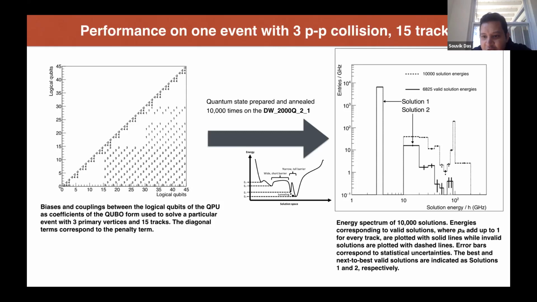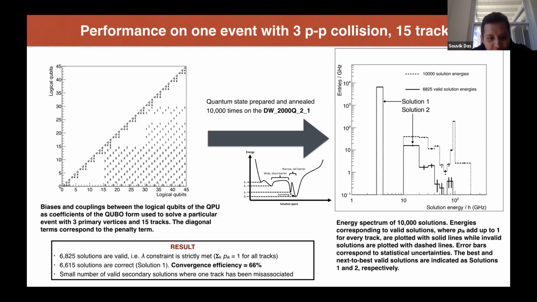Then solution number 2 and so on are the next possible solutions. The solid lines are the valid energies where the lambda constraint is being respected, and there are some solutions in which the lambda constraint was not respected. The result is that out of the 10,000 trials, 6,825 solutions are valid, so there's only one track associated with the one cluster.